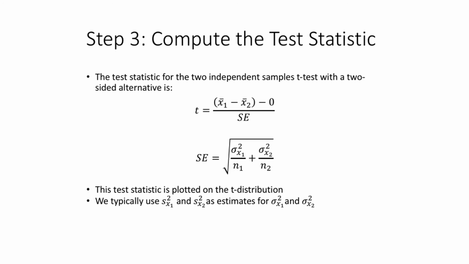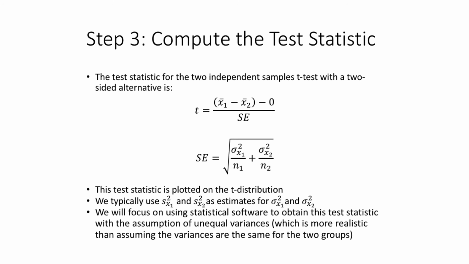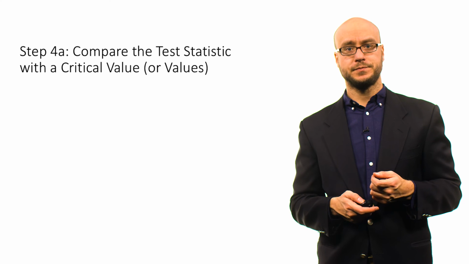In some statistical software programs, you'll see an option of assuming equal versus unequal variances for these two groups. We're going to assume that they're unequal, that the variance of one group is different from the variance of another group. Again, this is typically a more realistic assumption. You wouldn't always think that the spread of one group would be the same as the spread for another group in the population.